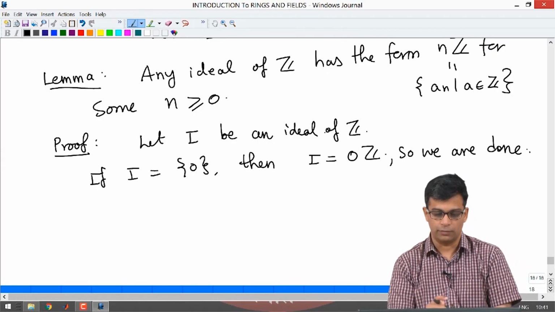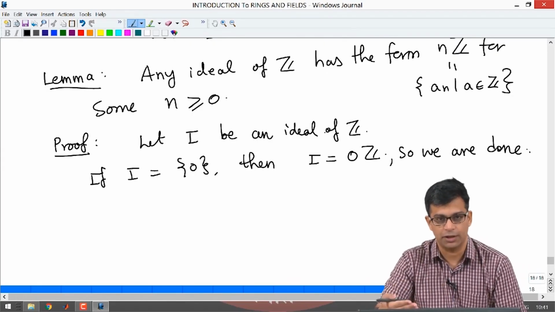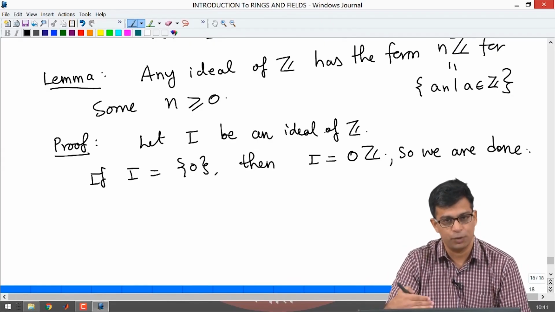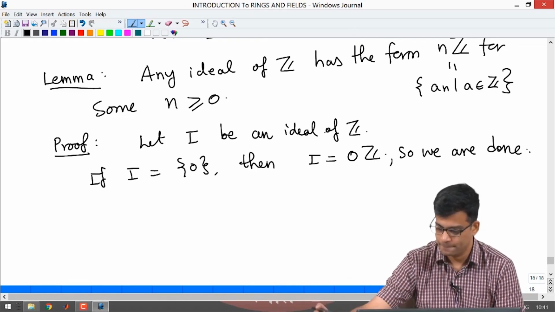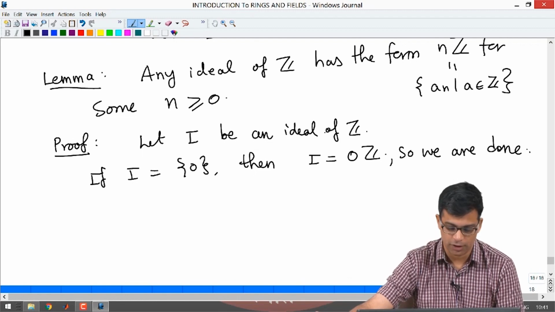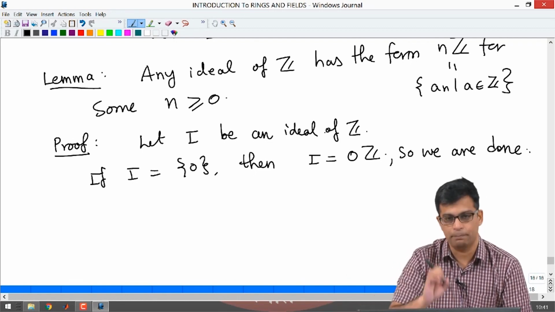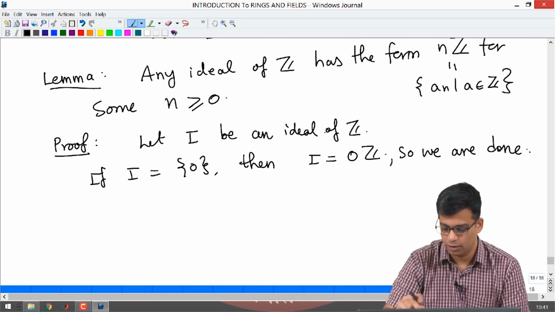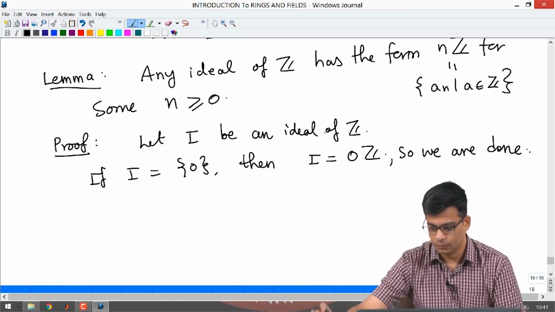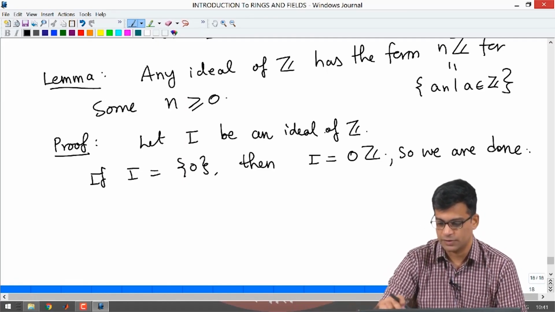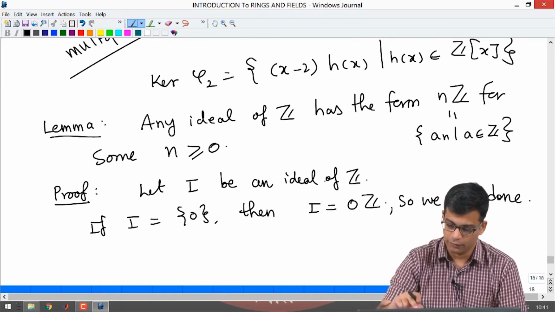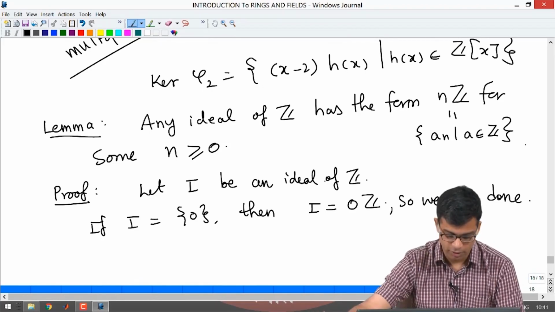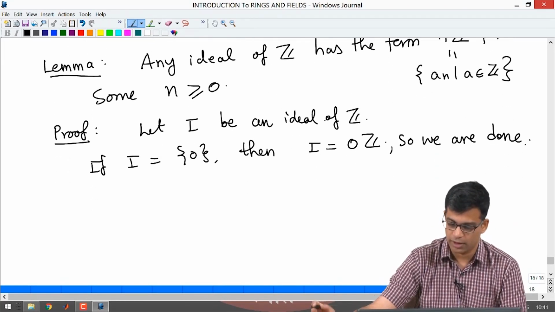Please pay close attention to this. This is a very nice, simple, but an extremely important argument in ring theory, and this sort of thing comes up all the time. If I is simply just the 0 element, it is of the form 0Z, right, because 0 times a as a varies is just 0. We are claiming that every ideal is of the form nZ. If it is simply 0, then it is 0Z.